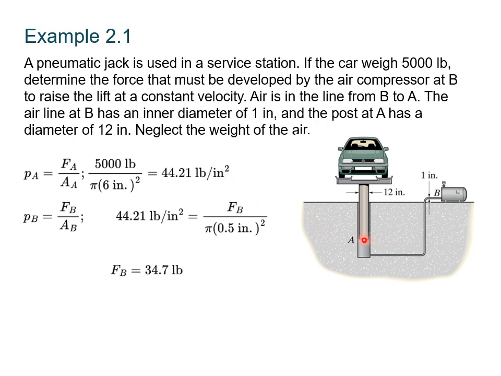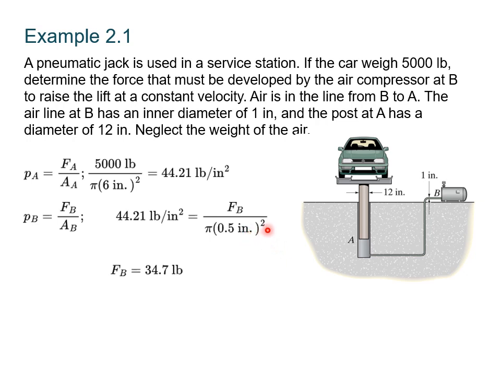Now, once it's lifted, the pressure at A has to be the same here as it is all the way back to here, because this is air, and we're neglecting the weight of the air. So the pressure at B is simply going to be the force at B divided by the area at B. But since the pressure at A and pressure at B is the same, we have 44.21 pounds per square inch, which we found for the pressure at A, has to equal the force put out by the compressor divided by its area, which is pi times its radius squared.